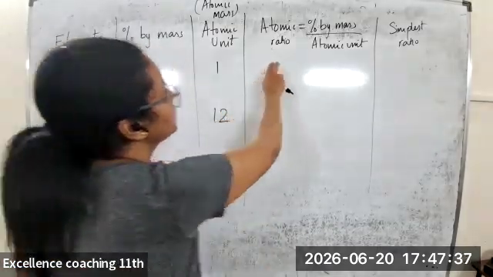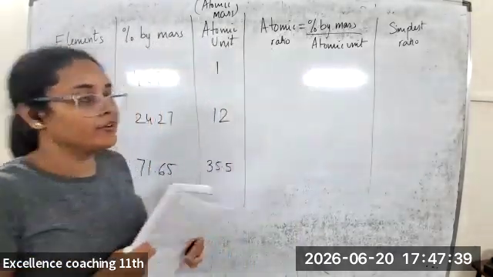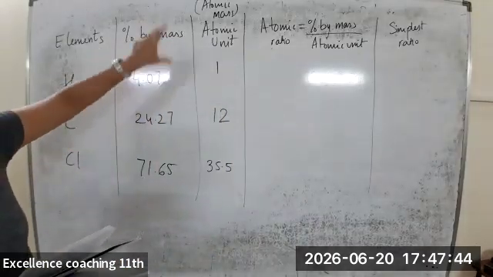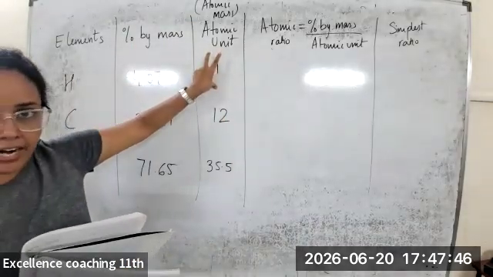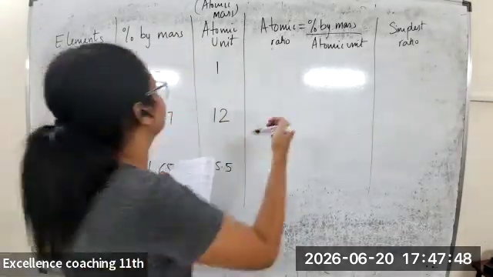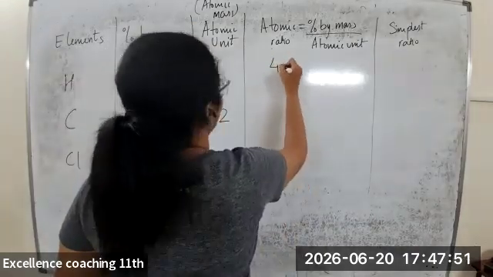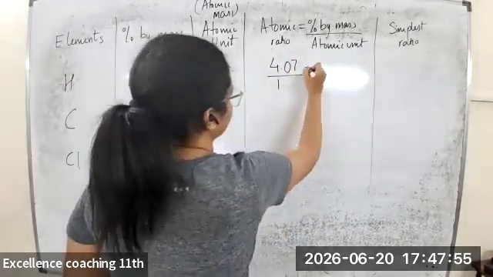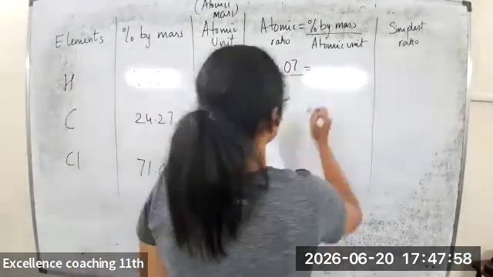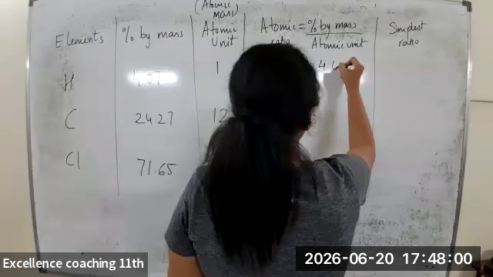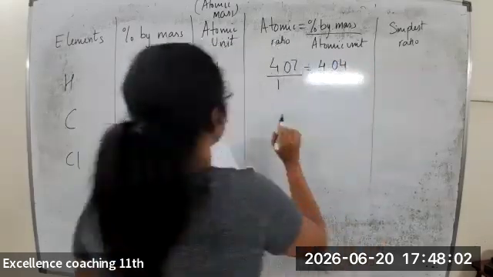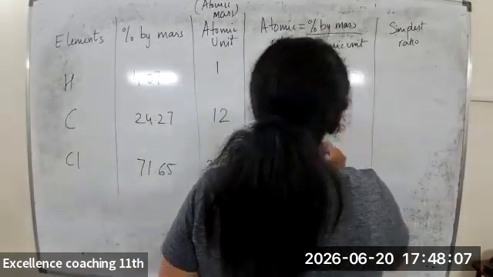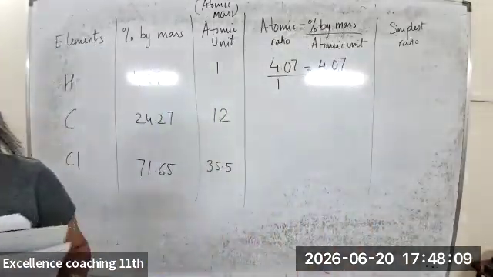So here for atomic ratio, what does this say? We have to take percentage by mass, meaning this entity divided by your atomic mass, right? So what will it be? 4.07 divided by 1. Okay, so this will come up to 4.07, since we are ignoring that 1.008.